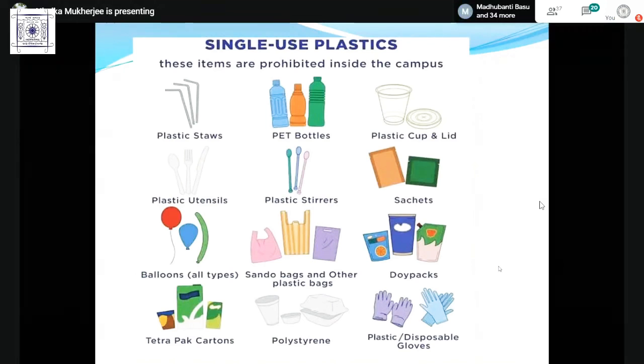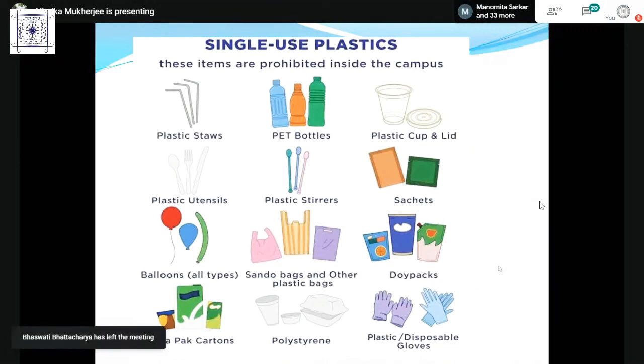Now, these are the single-use plastics. Single-use plastics are the plastics which we just use and throw away, like plastic straws, plastic utensils, plastic stirrers, and also poly bags, balloons. These plastics we should totally avoid because these are the most harmful plastics.